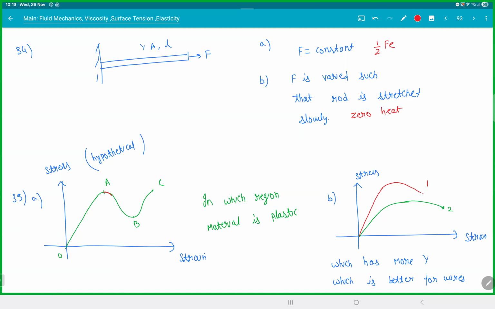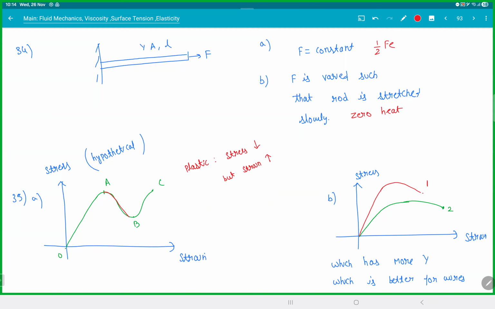But in the region A to B, the stress is decreasing, but strain is still increasing. That is the meaning of plastic. Plastic means find the region where stress decreases but strain increases. Logically, it doesn't make sense normally, but what happens is the metal structure got destroyed so much that it'll start elongating on its own.